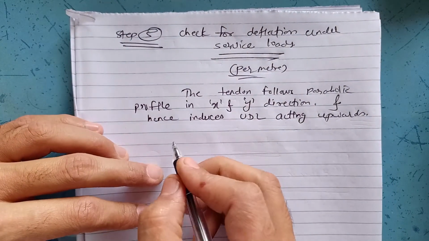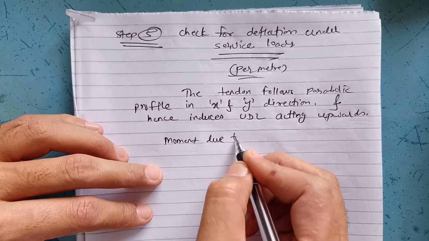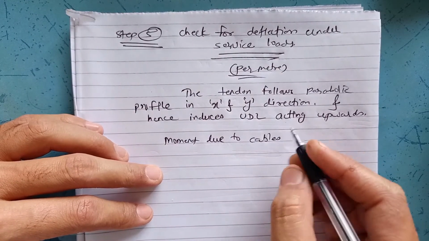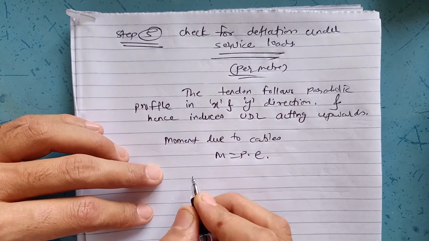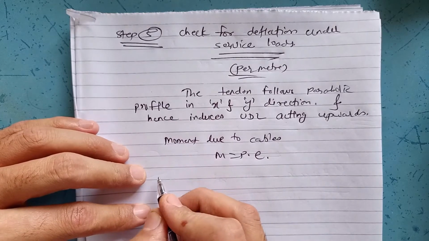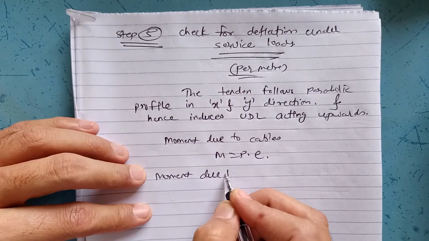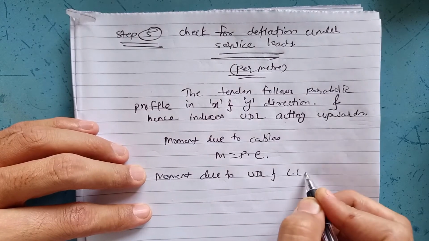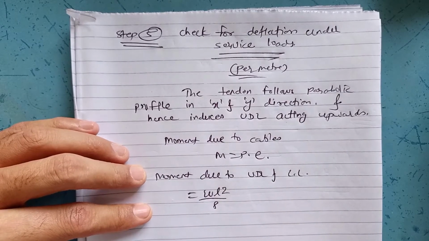Now moment due to cables will be calculated. Moment due to cables can be calculated as M is equal to P into E, and moment due to UDL and live load will be WL square by 8.